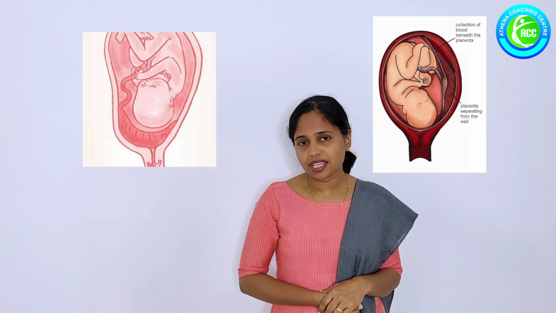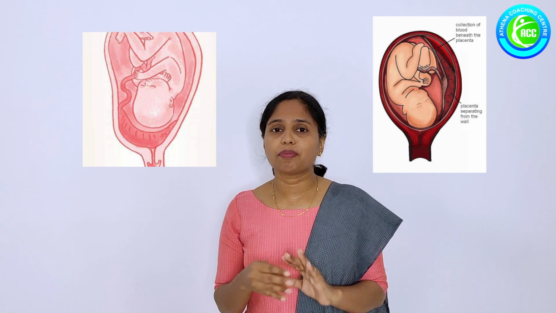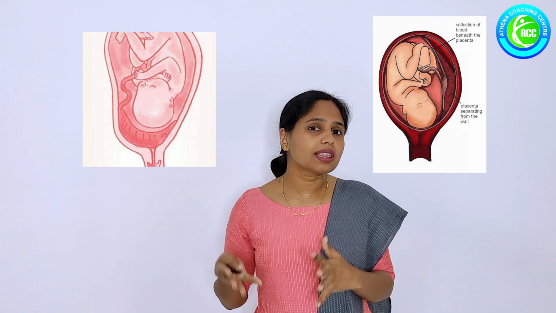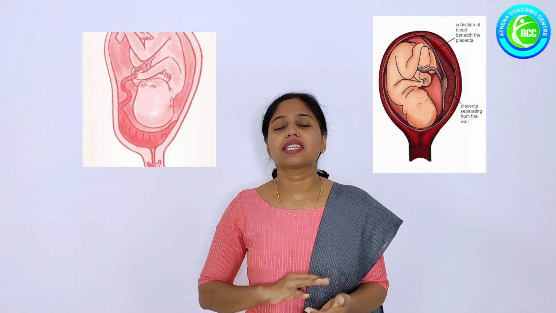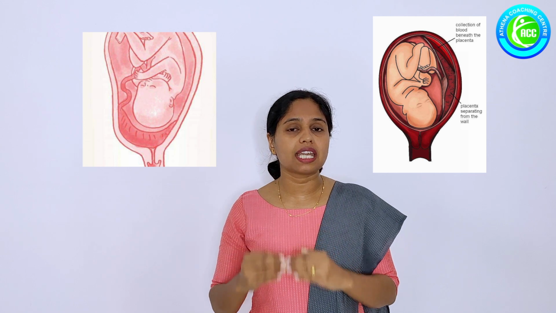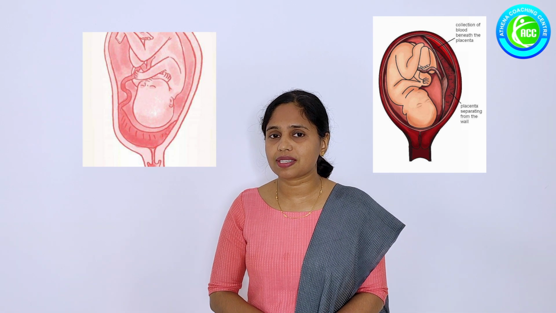Usually after fertilization, the fetus starts to grow. Along with that, the placenta starts to form. Almost within the 12th week of gestation, the placenta completes its formation, and usually it is found in the upper lateral anterior portion of the uterus.